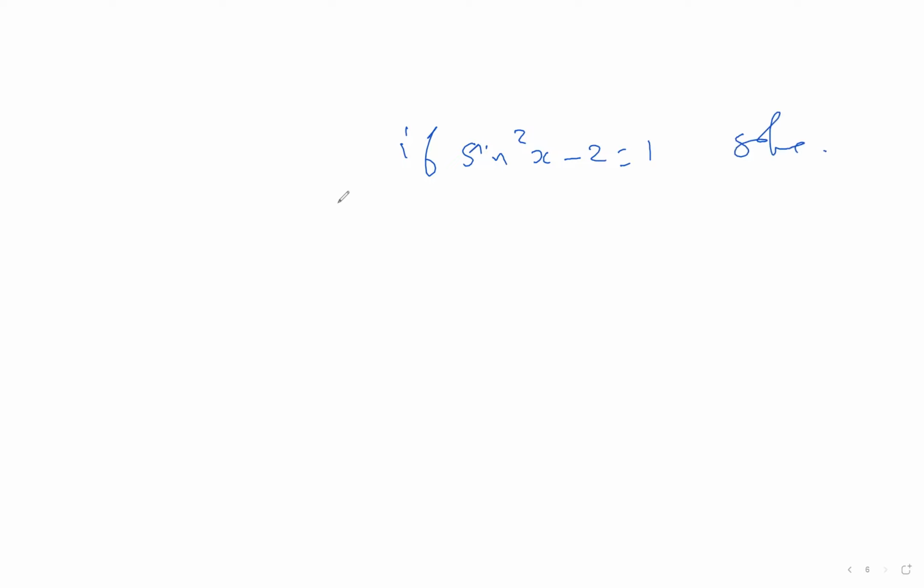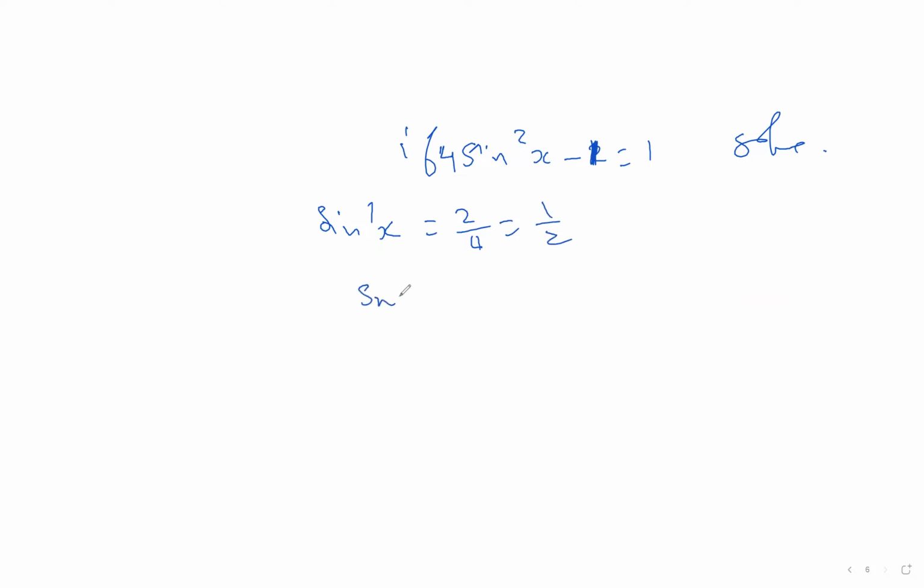Okay, let's see. Sine power of 2x. Let this be 1 and this be 4. Sine power 2 will be 2 over 4, it will be 1 over 2.